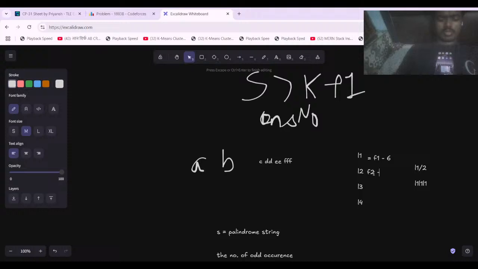L2 is F2 minus 4, right? L3 is equal to F3 minus 4, right? So it's like L4 is F4 minus 2, right?